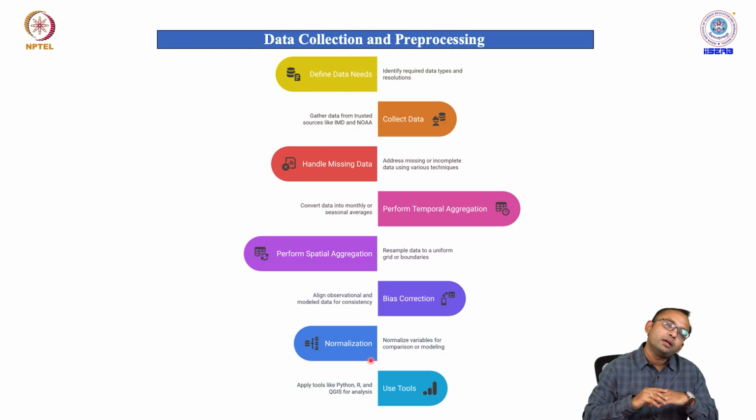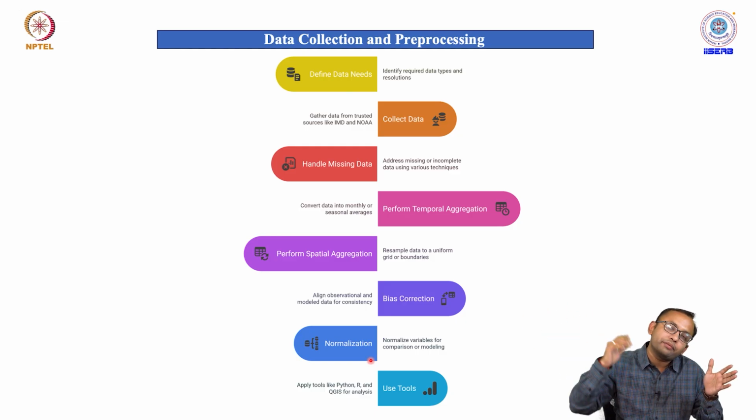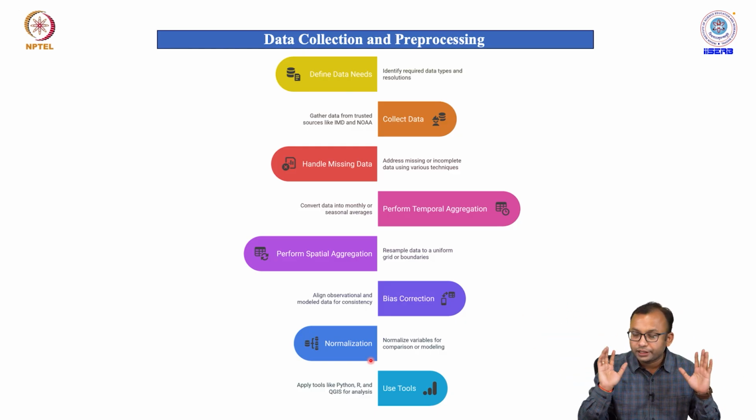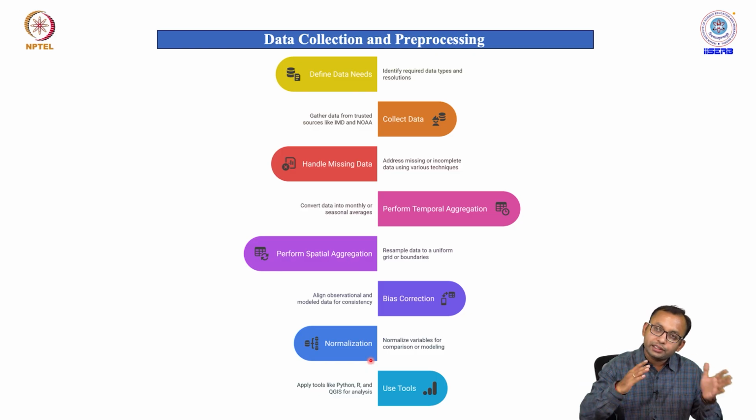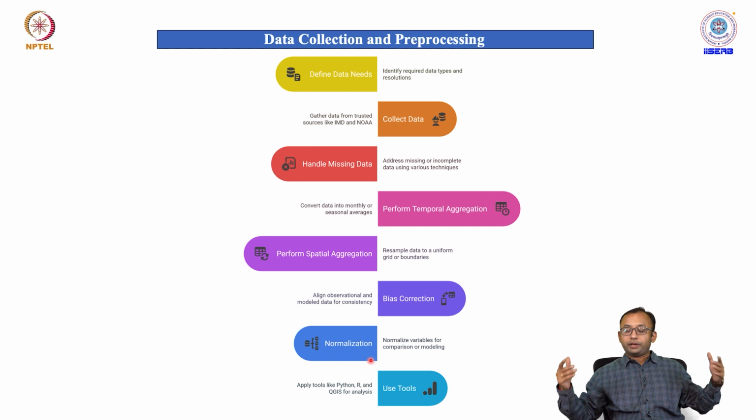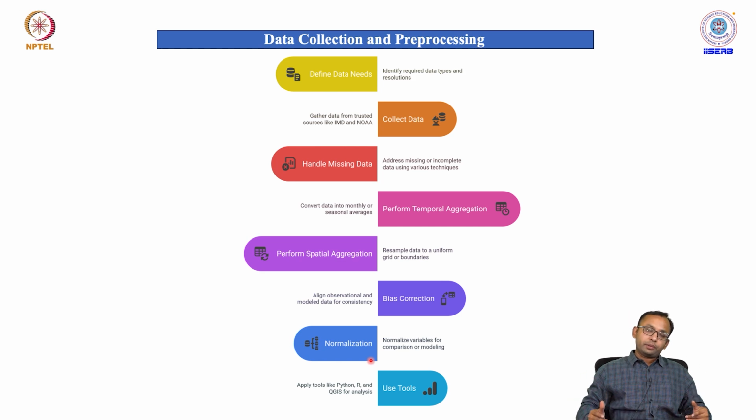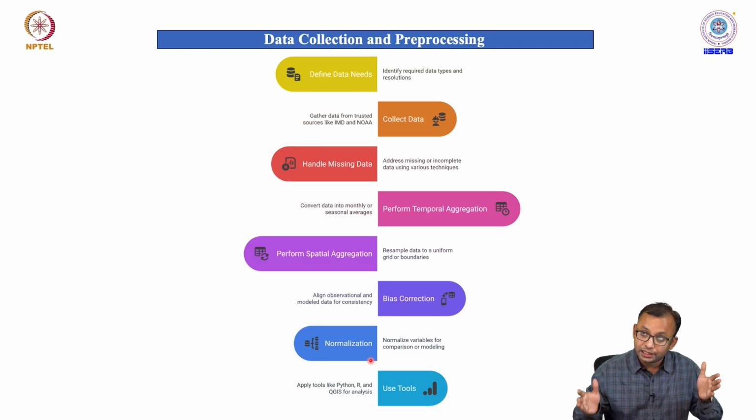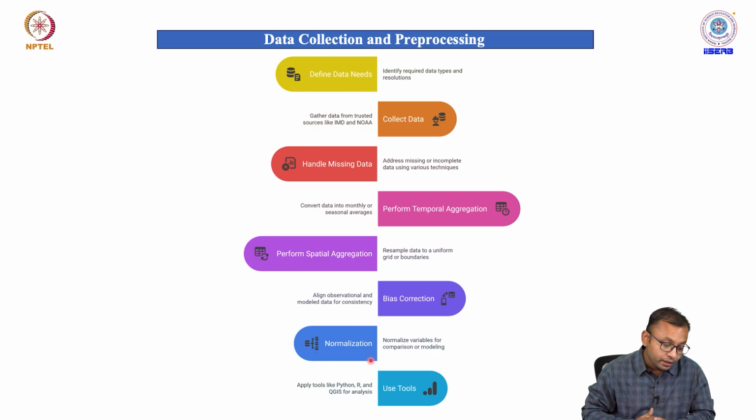So, you cannot compare the second variable with the first very efficiently, because the range of minimum and maximum values is very different. In that case you do some sort of normalization, where you rescale the data to a similar scale, so that it represents the behavior of the variable more accurately.